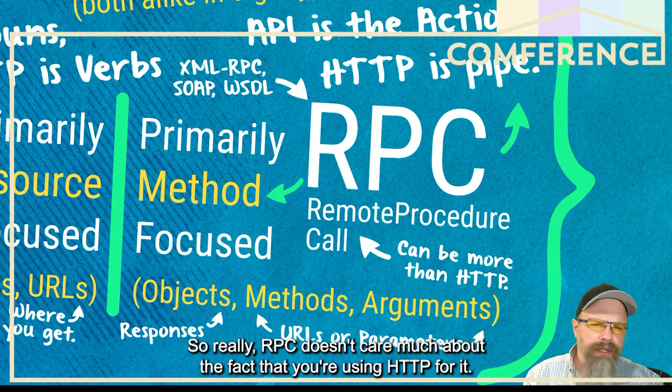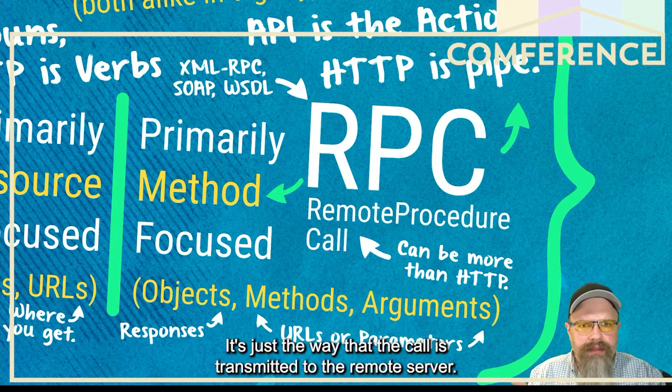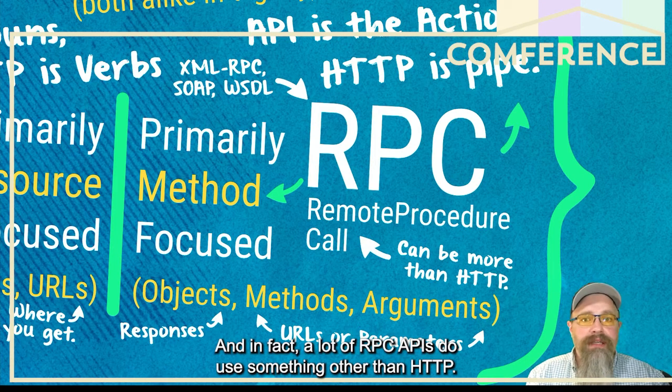So really, RPC doesn't care much about the fact that you're using HTTP. For it, it's just a pipe. It's just the way that the call is transmitted to the remote server. It could use something else, and in fact, a lot of RPC APIs do use something other than HTTP.